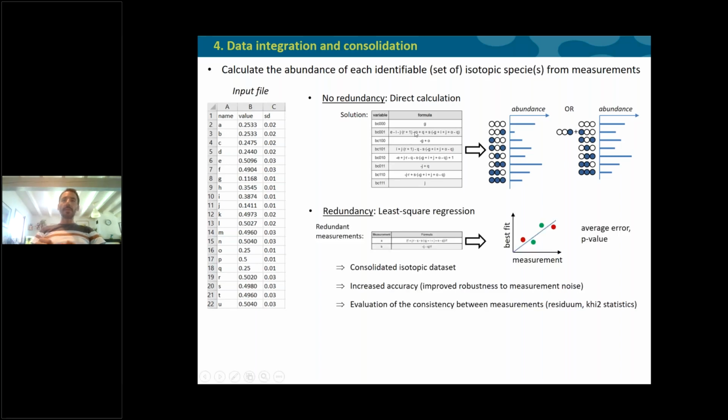And when we have some redundancy, we can perform some least squares regression to find the abundance of each isotopic species which best explains the measurements. So this increases the accuracy of the measurements and also allows us to evaluate the consistency between the different measurements based on different statistics. I will not go into the detail.